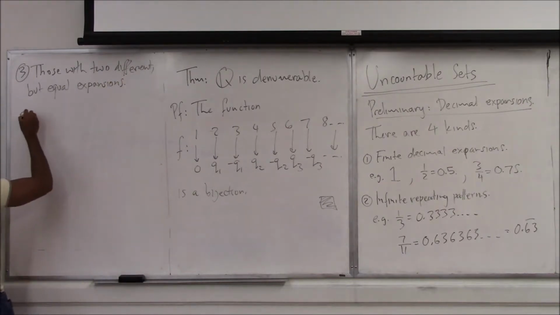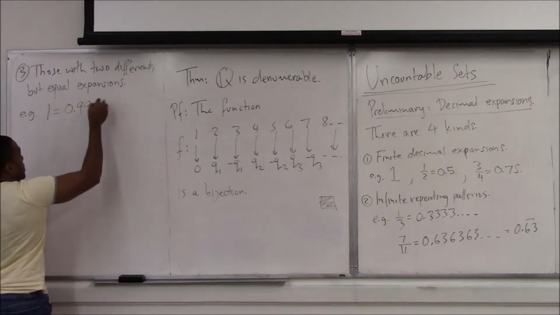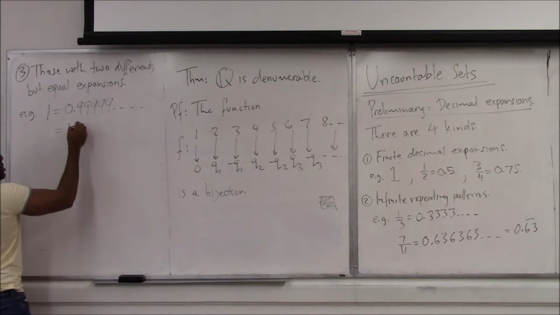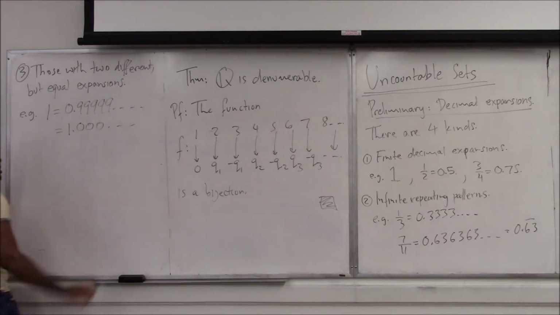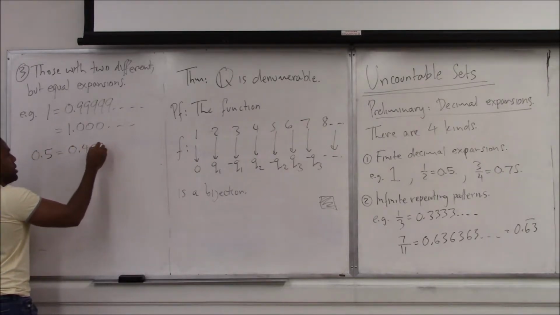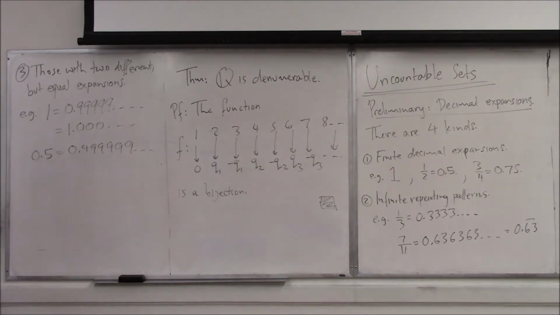Example, 1 is equal to 0.99999, but I can also write it as 1.000, or I can think of 0.5, it's the same as 0.49999 forever. These are actually exactly equal to each other, even though they might look different. And this is again something you can prove using geometric series. You probably did that in Cal 3.